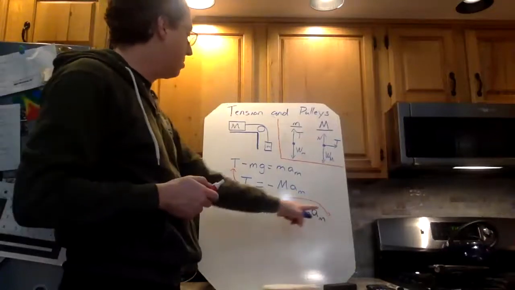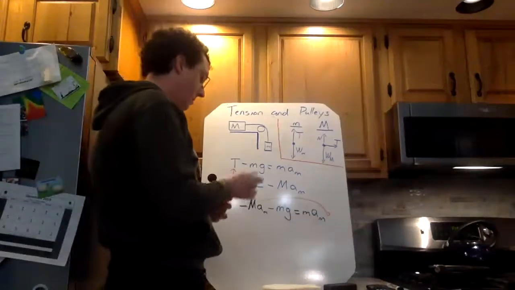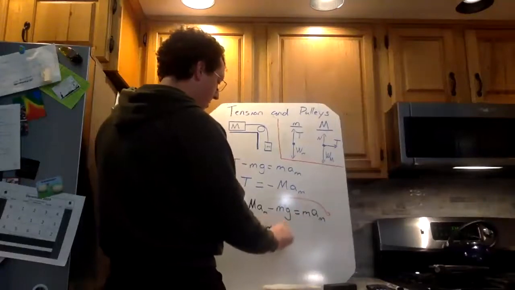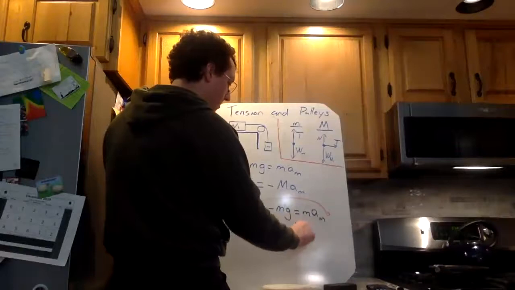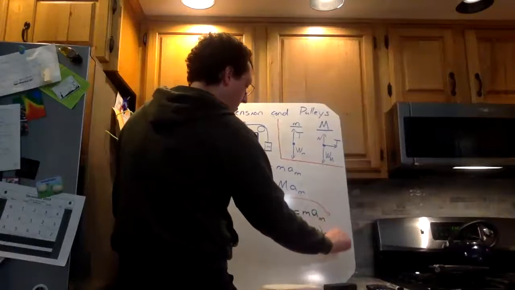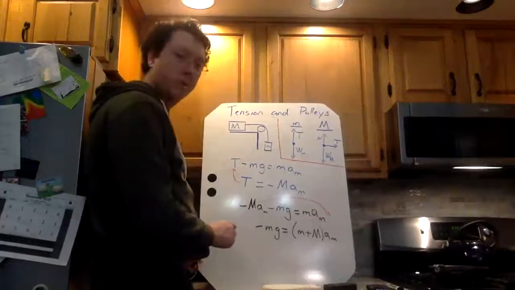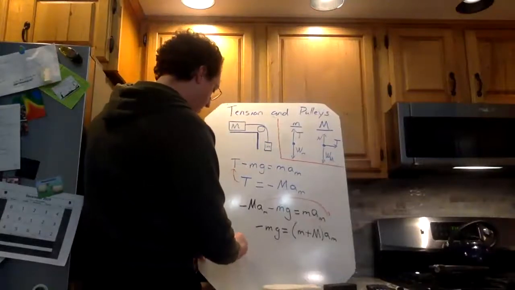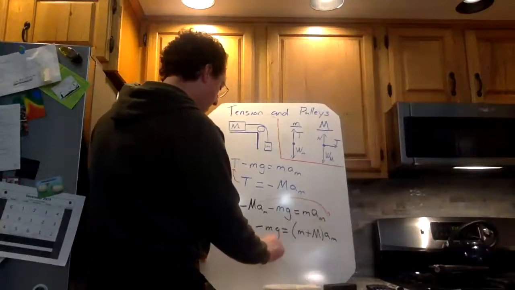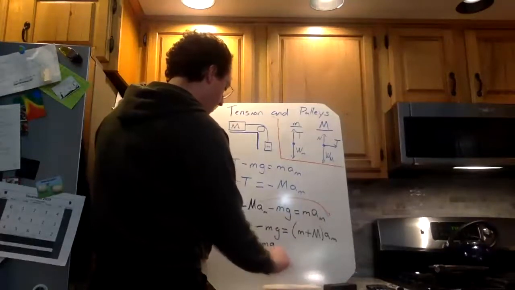Then I'll have two terms, both with a factor of the acceleration, and so I can regroup. I'm going to get minus mg equals little m plus big M times A sub m. Rearranging it, I get that the acceleration for the small mass equals minus little m g divided by little m plus big M.